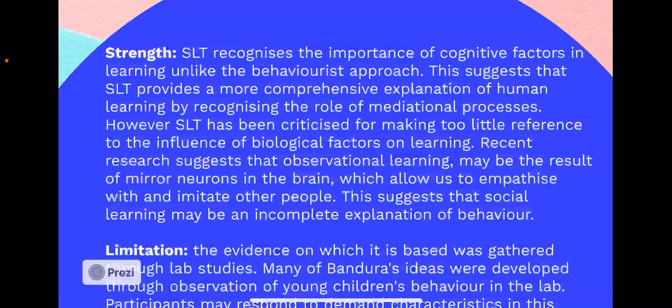So for example, using a little bit of the biological approach to evaluate social learning theory shows that you understand how to evaluate approaches and understand a wide range of approaches, just to make that answer a little bit better.